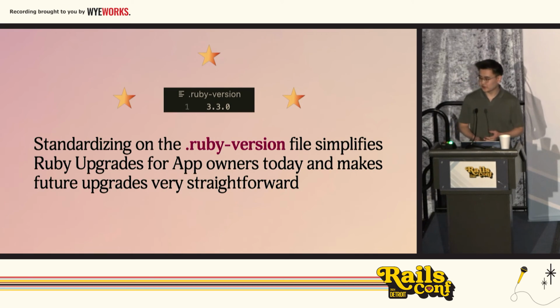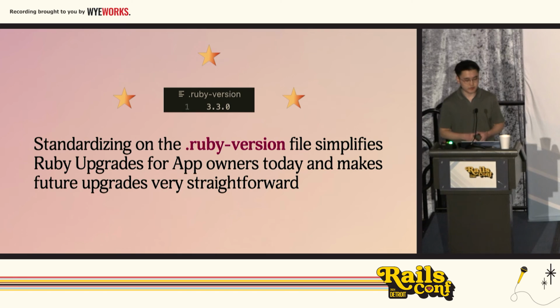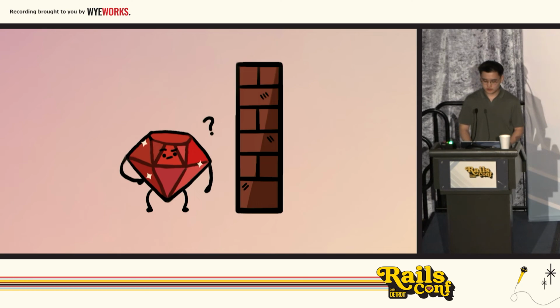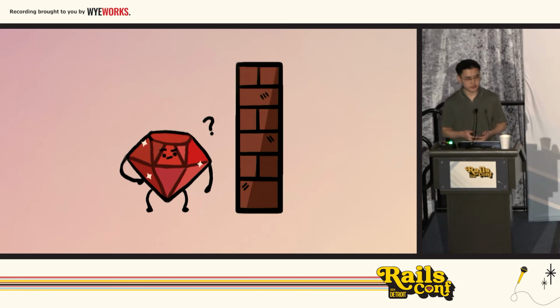Standardizing our Ruby definitions to this single file is what we ended up choosing, and we highly recommend you do the same, as it ensures consistency and makes future Ruby upgrades a breeze, as owners only need to change a single file. This journey of standardizing on the .ruby-version file was not without challenges, however. This next section will highlight what those obstacles were and how we resolved them through patches and open source that you can make use of today.